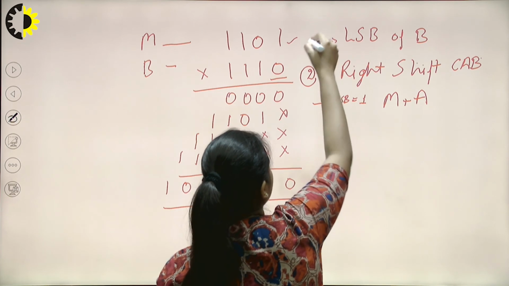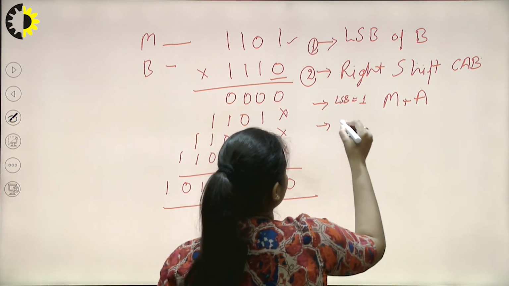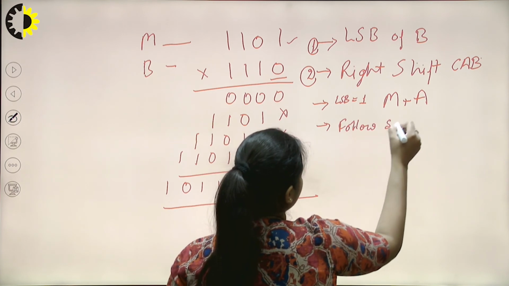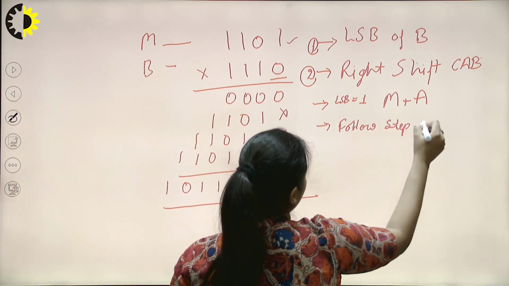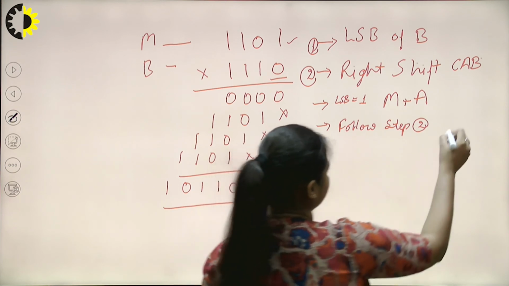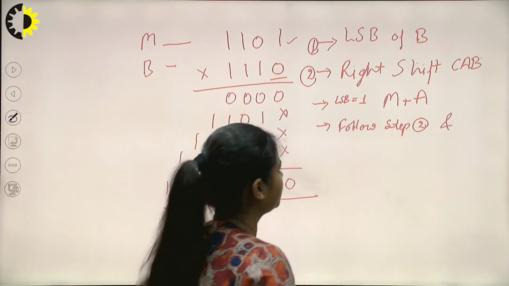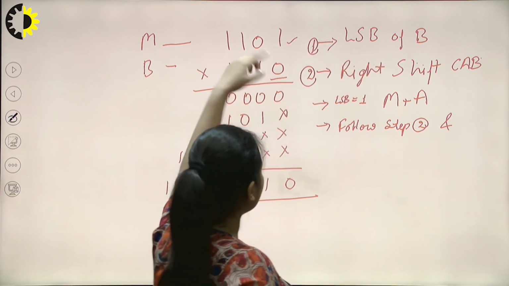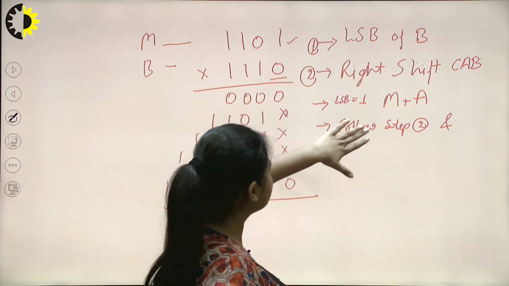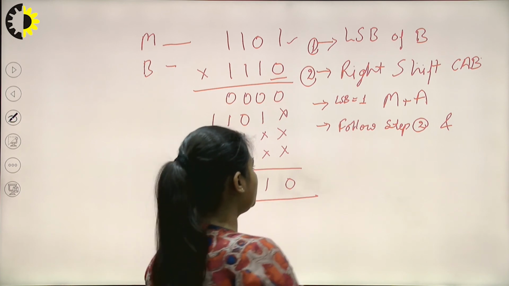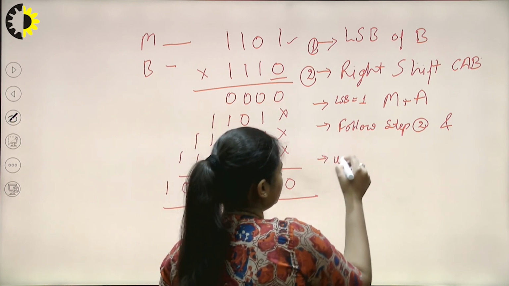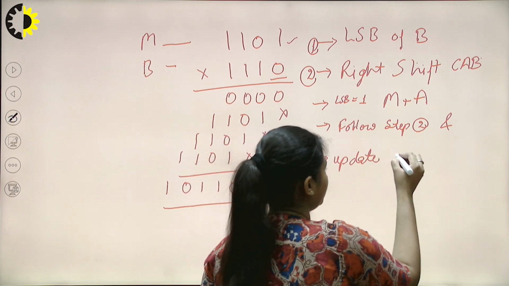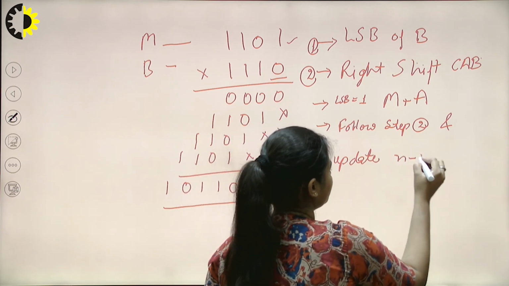Then you will again follow step 2. This is step 1, step 2. And here, if the value of B is 0 or 1, once you have completed these steps, then simply you need to update, means decrease the value of N by 1.